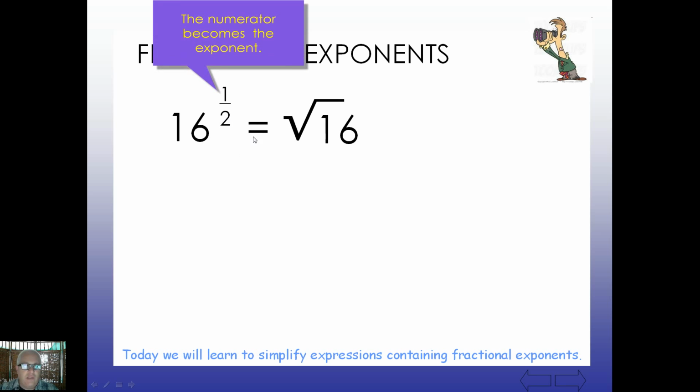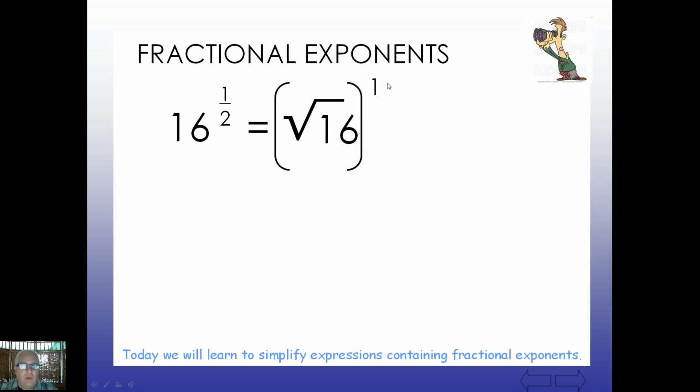This becomes the exponent. So we're looking for the square root of 16, and now we're going to apply an exponent to the answer here, raised to the 1st power. Well, what is the square root of 16? Well, the principal square root of 16 we know is 4, so this is simply 4 to the 1st power, which is just, of course, 4.